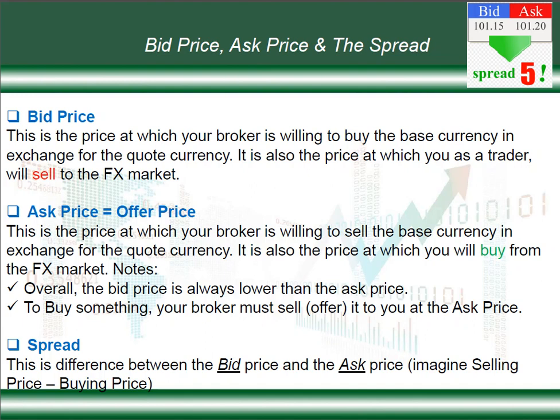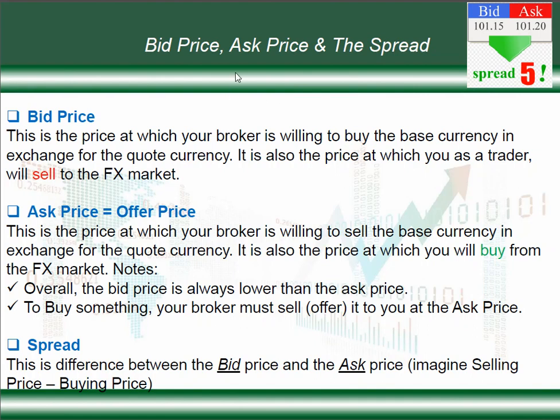Every time we are quoting a currency pair, there is an exchange rate for it. But let's do away with these terminologies to start with. A bid price is considered to be the price at which your broker will buy your base currency, the currency you want to trade, assuming you want to trade the Euro USD. Okay, let's say, again, you want to trade Euro USD.